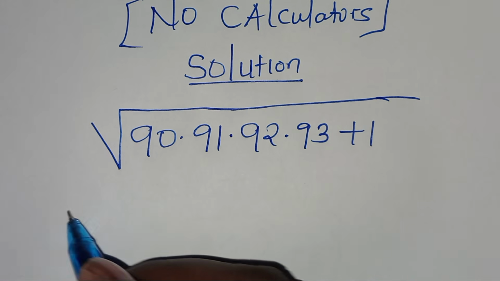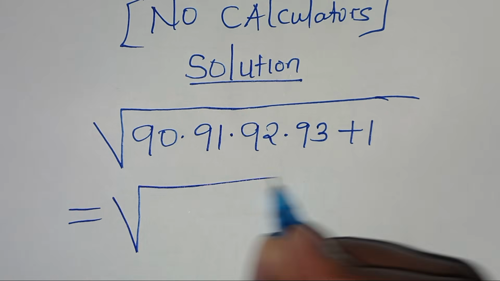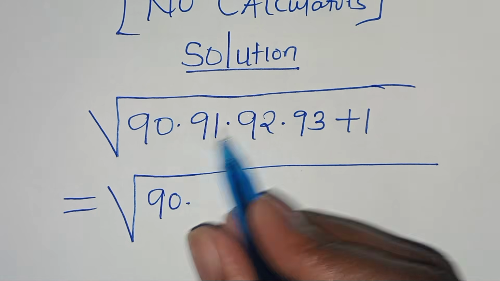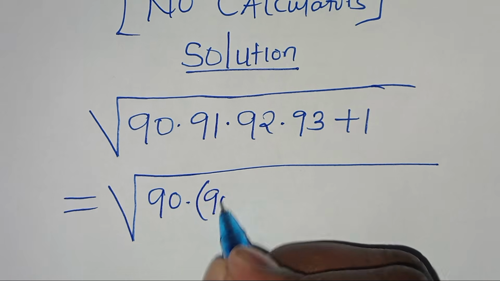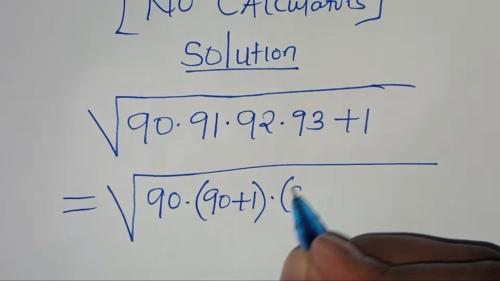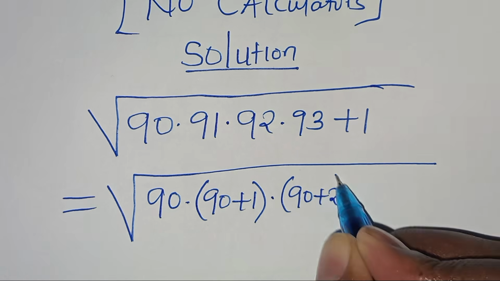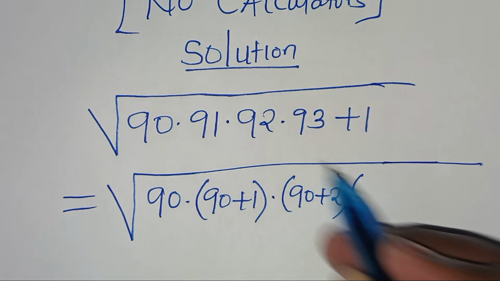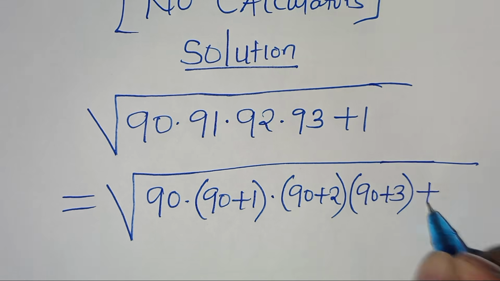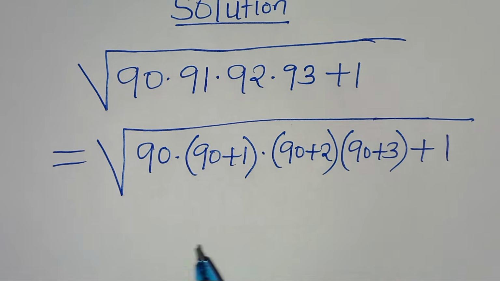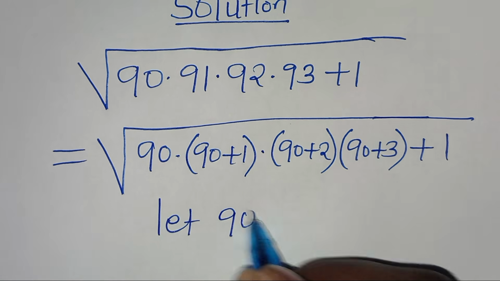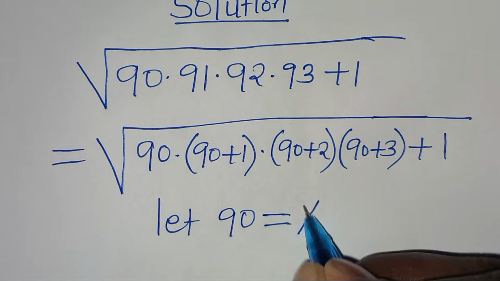Now we can express this as 90 multiplied by 90 plus 1 multiplied by 90 plus 2 multiplied by 90 plus 3, then plus 1. Since we have 90 here, we can let 90 be equal to x.